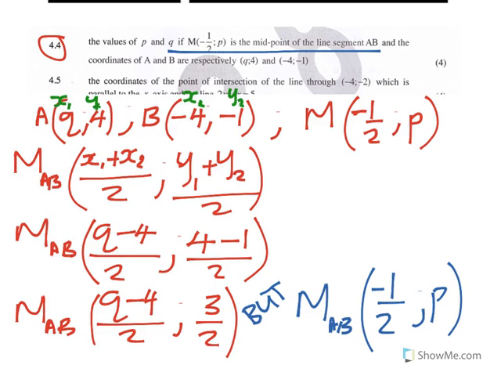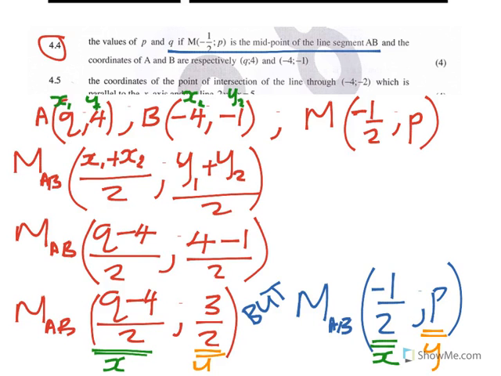You start to equate. It means this part is equal to that part, because this is your X and this is your X. And then it also means this part, which is your Y, is equal to this part, which is your Y. So already you can see that 3 over 2 is equal to P, because this must match.